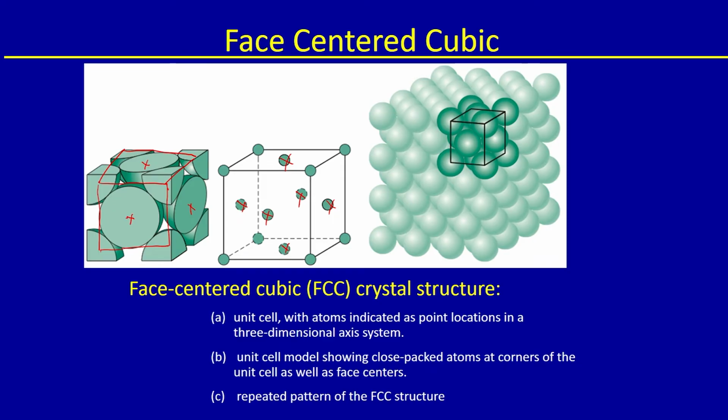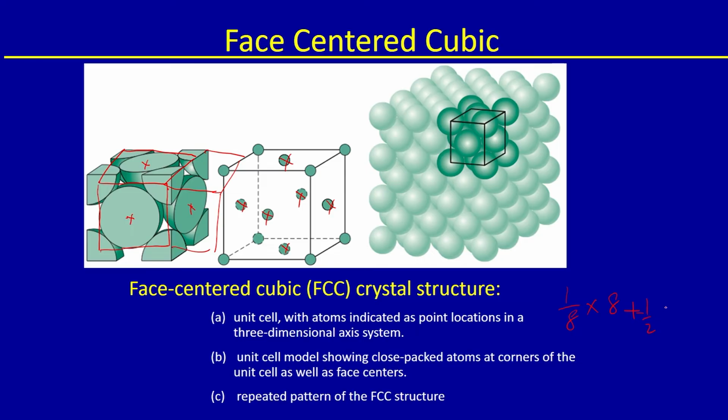This picture shows you the whole structure. So, how many atoms are there? 1 by 8 into 8, that is from the corner atoms, and remember each face atom is shared by another cell. If you draw another unit cell, it will come like here. So, this atom will be shared by both unit cells.